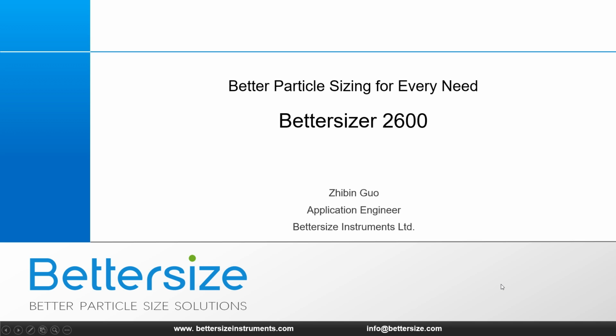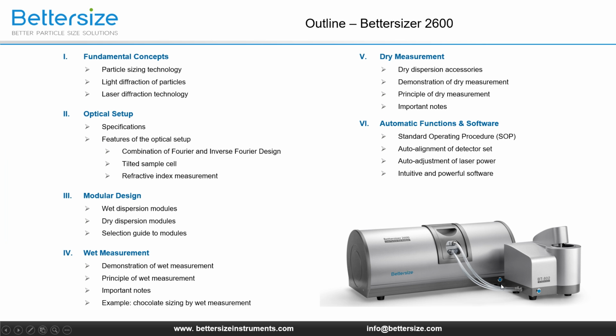In this talk, I'm going to give an introduction to the fundamentals of a very powerful particle size analyzer, Bettersizer 2600. This talk has 6 sections. First, I'd like to talk about a few fundamental concepts about particle sizing. Then, I'll move on to the analyzer and start with optical setup.